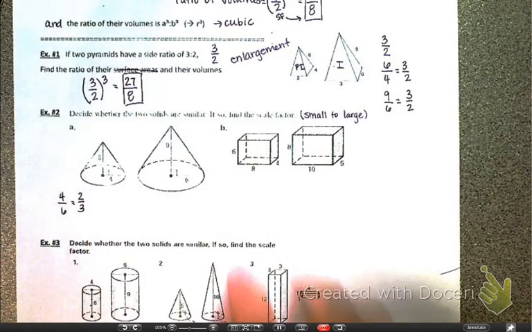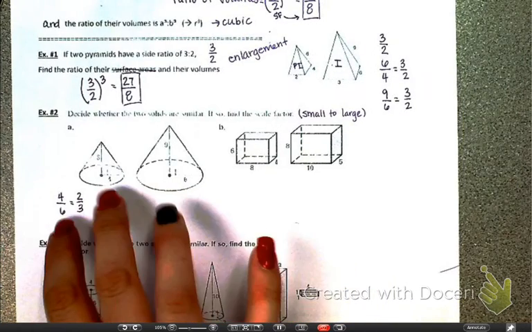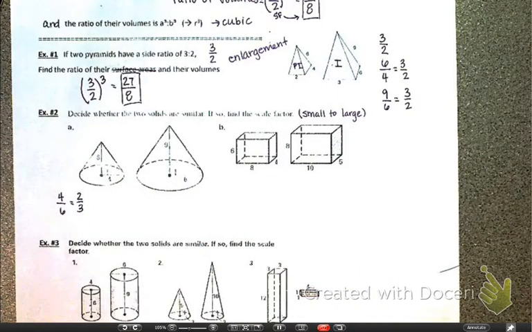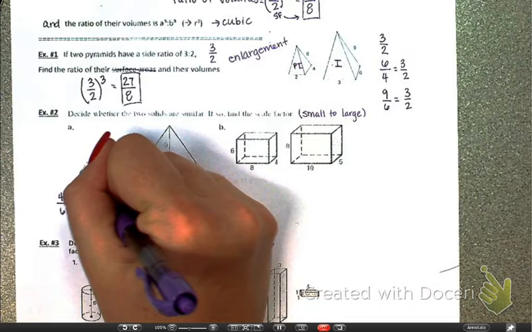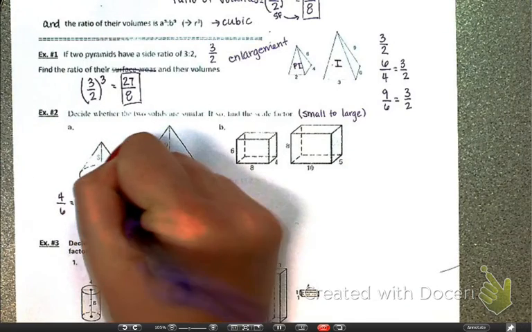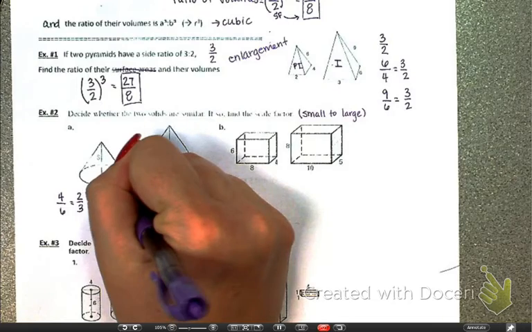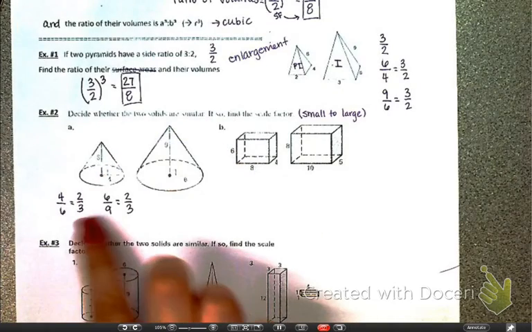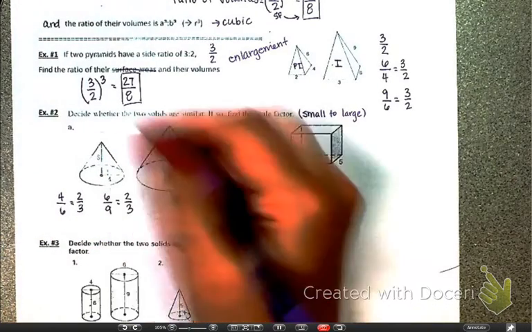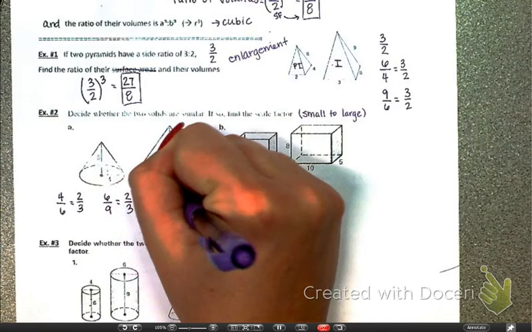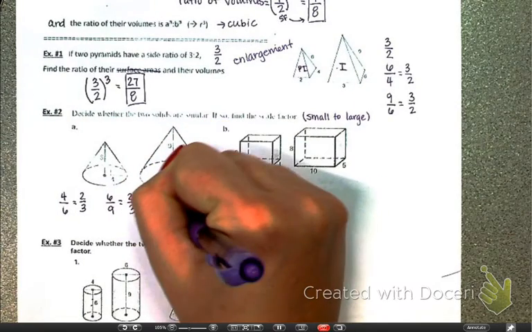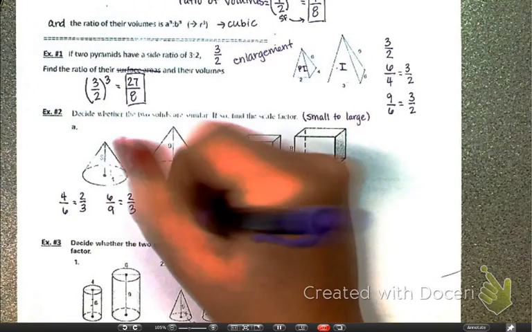So I've compared the radiuses. Now I need to compare the heights of each of them. And the heights are 6 over 9, which reduces to 2 over 3. Because these are exactly the same, these figures are similar, and my scale factor is 2/3.